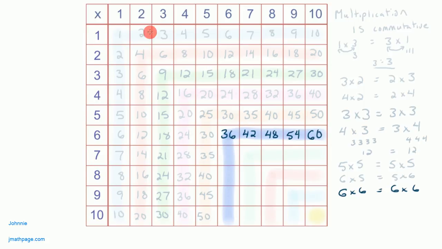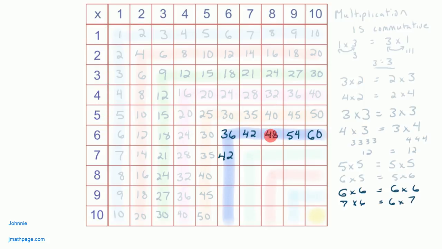7 times 6 is the same as 6 times 7, 42. Again, our rule, 7 times 6 is equal to 6 times 7. Let's keep going that way. 8 times 6 will be the same as 6 times 8.